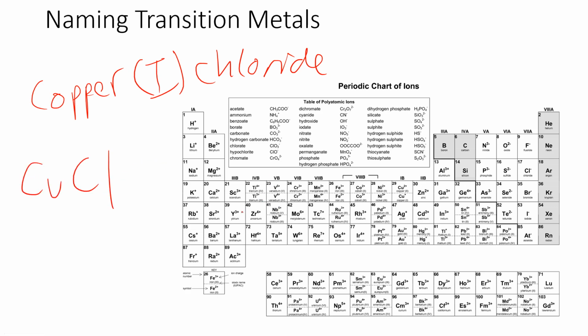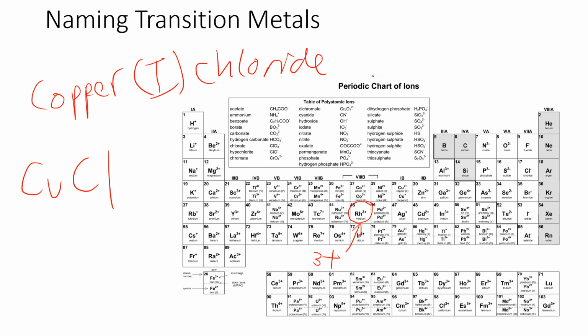Okay, now of course we don't have to do this for every transition metal. For example, let's say rhodium is a transition metal, but we don't need to do it for that because rhodium only exists in a plus 3 form, okay?